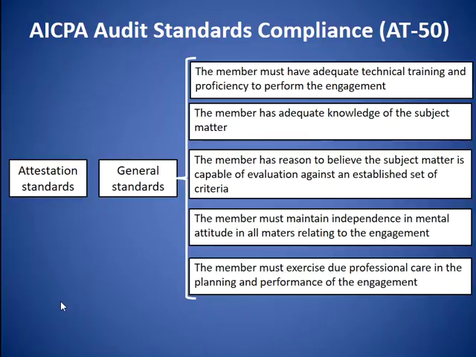So it's saying the person has to be technically trained. If you were to board an airplane and fly somewhere, you'd want the pilot to have the adequate technical training and the proficiency to fly that airplane. Same thing with the auditor.